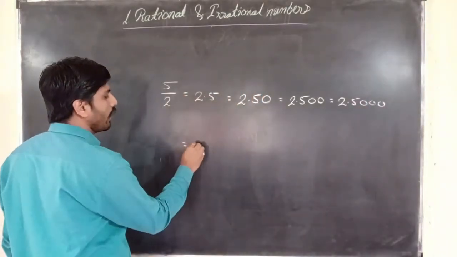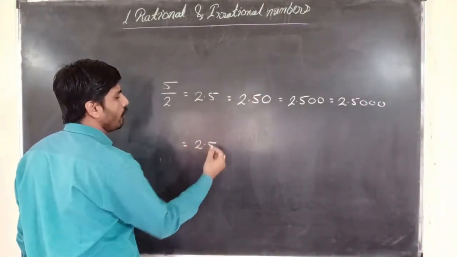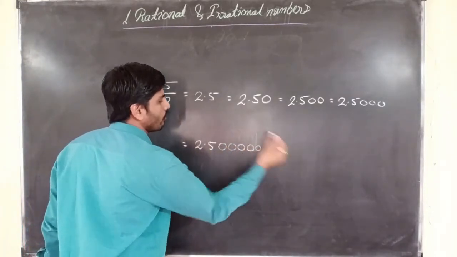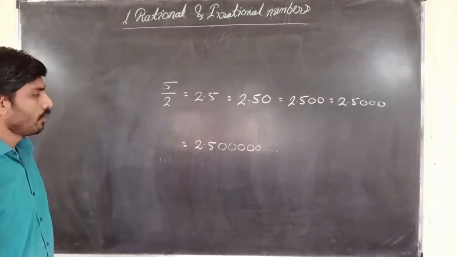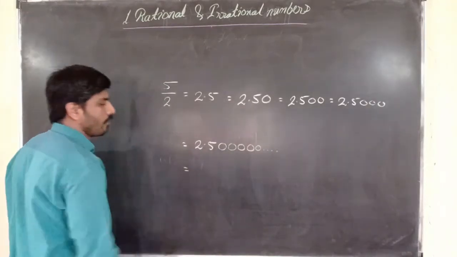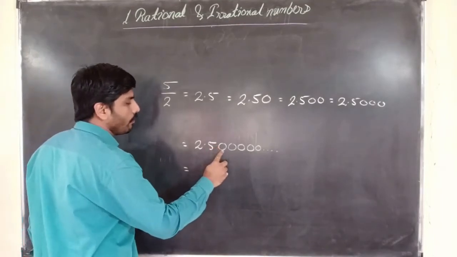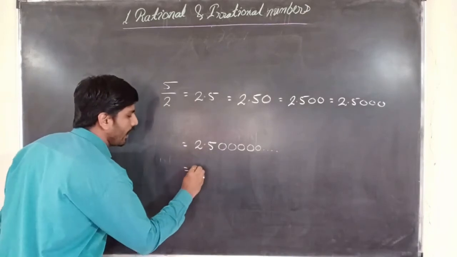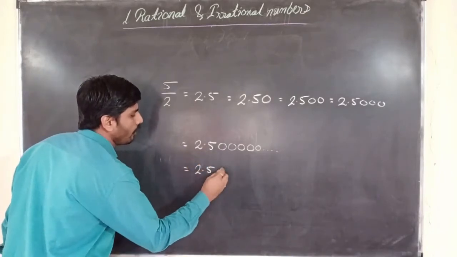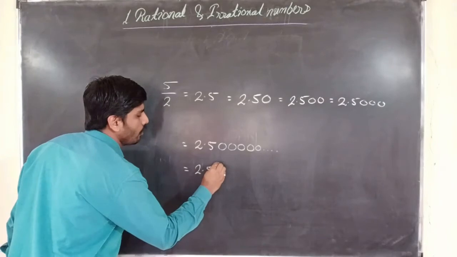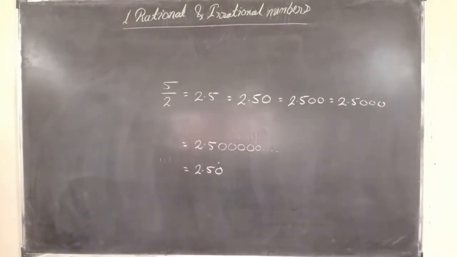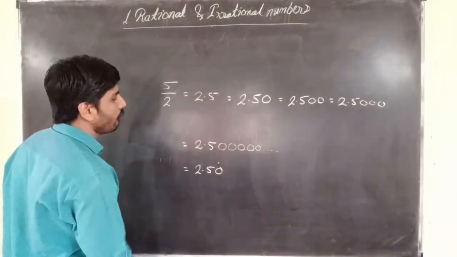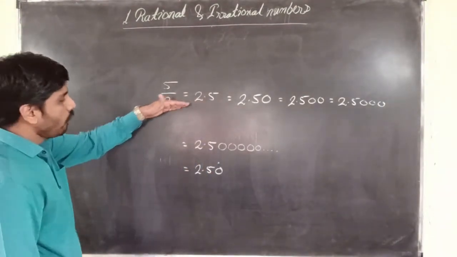That is, we can write this as 2.5 and uncountable 0s. Now this 0 has occurred infinitely many times, so we can write this as 2.50 with a dot. So we have converted this terminating form into non-terminating recurring form, and still the value of the number is the same.